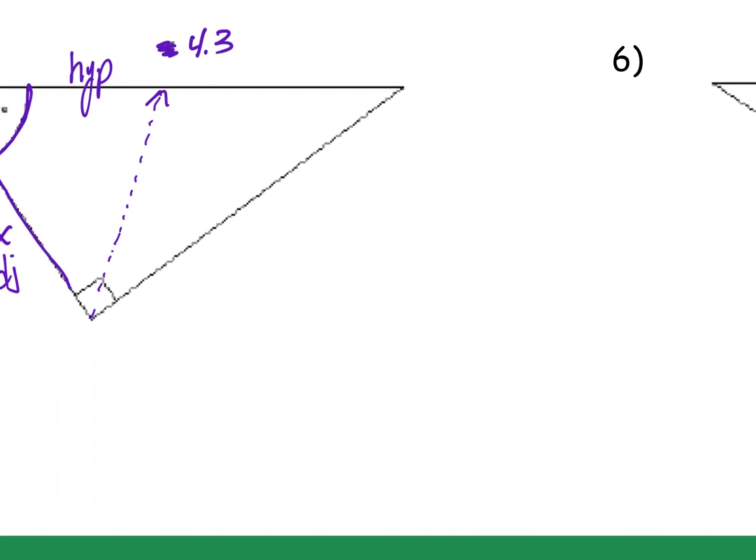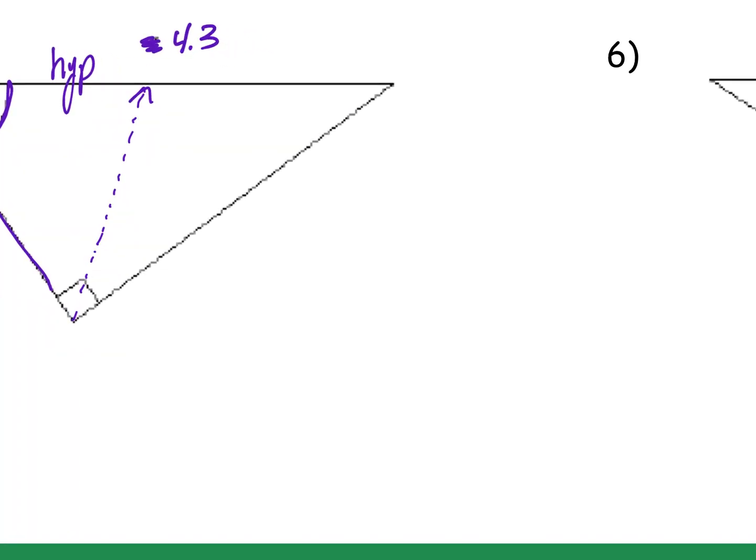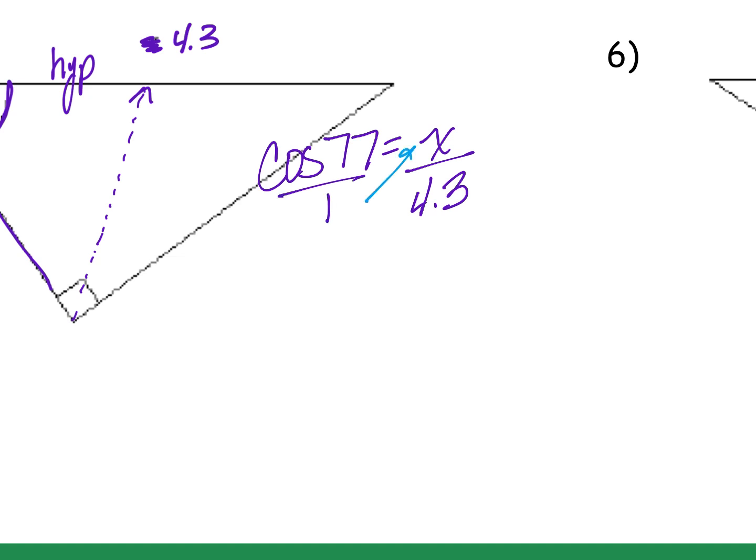So I happen to know that cosine of 77 is going to equal x over 4.3. Okay? So same thing, cross multiply. I get x equals 4.3 times the cosine of 77.